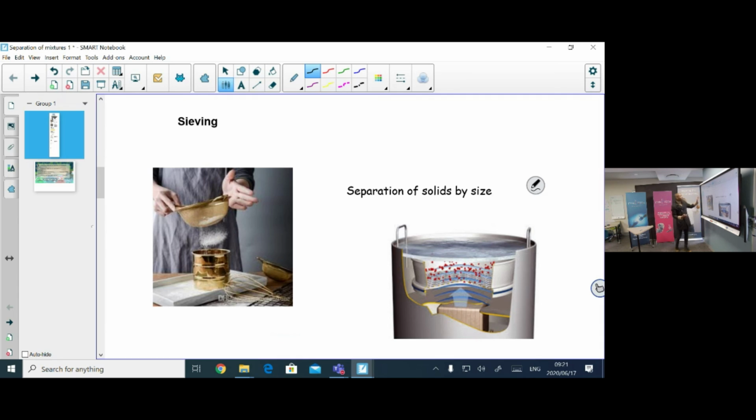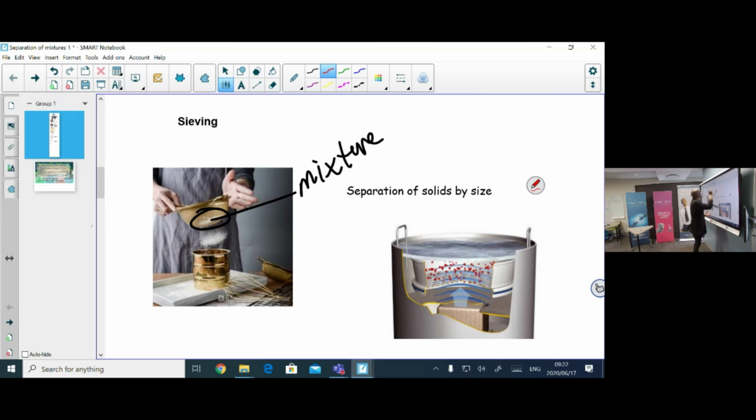So sieving in terms of science is separation of solids by virtue of their size, the size of those solids. You're going to separate a mixture. Here's our mixture. And you're going to separate the mixture by virtue of the size of the particles that you're dealing with, or the size of the particles in your mixture.